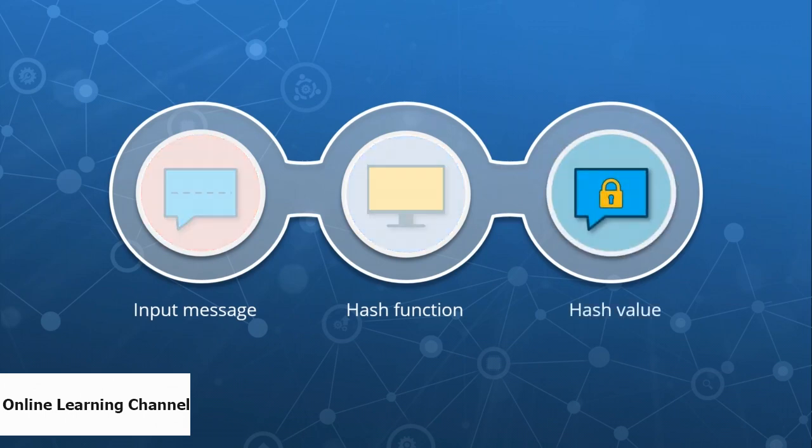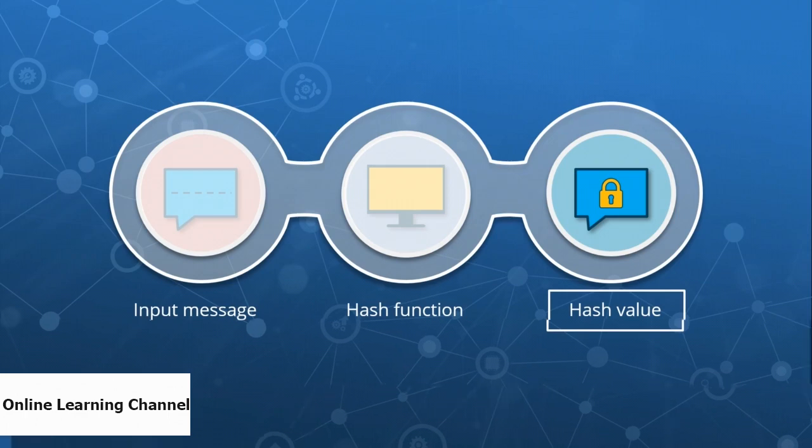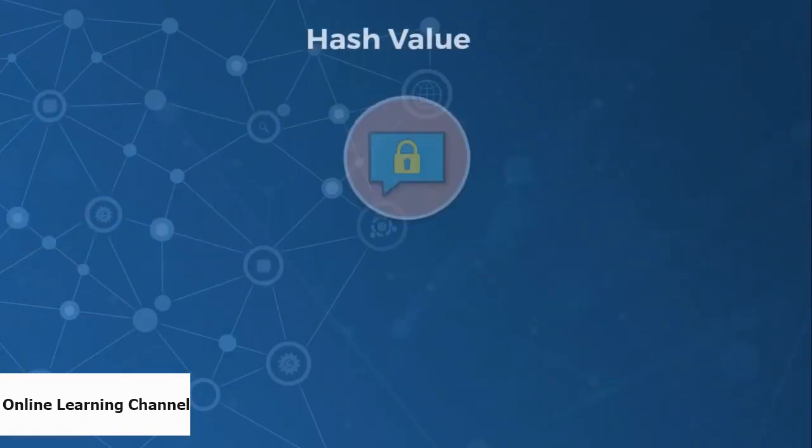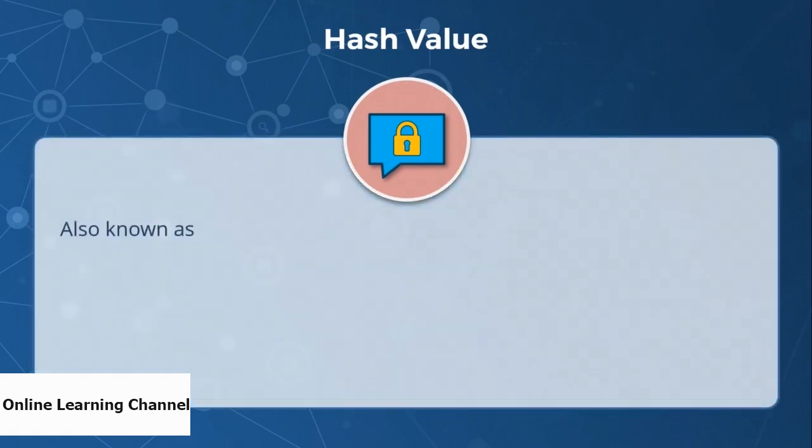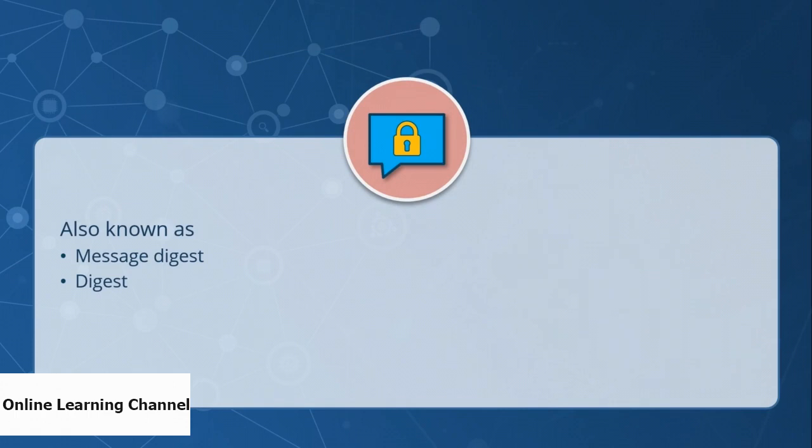We can now take a closer look at this hash value, which is the output of a hashing algorithm. And this is something which is often referred to by many other names. So the different terms used for the hash value include a message digest or simply just a digest. It can also be called a digital fingerprint of an input message or even a checksum.